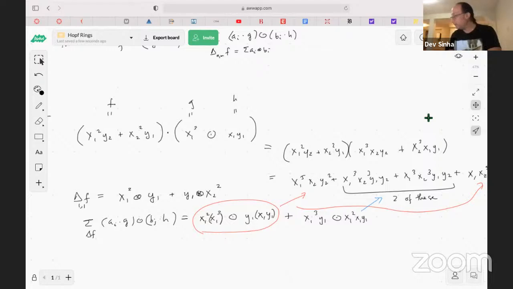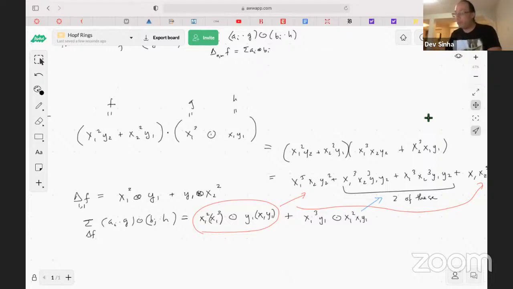Right. So that's an example of how this works. You start to see a little bit that the terms you get with the coproduct seem to be simpler in this than, quote unquote, doing out the algebra. Right.